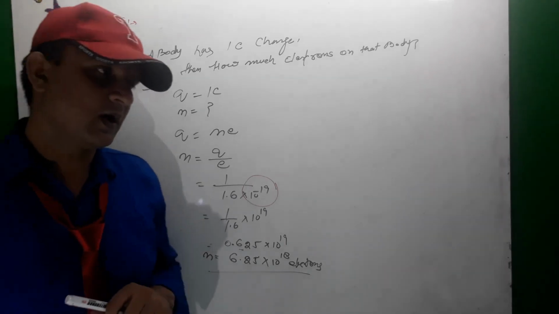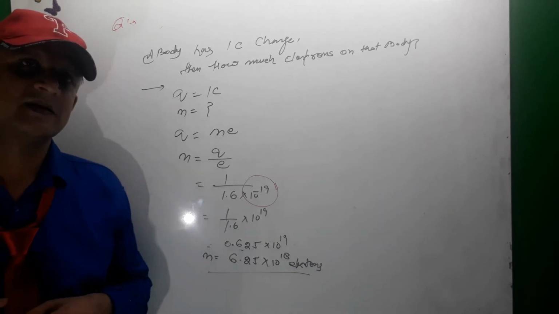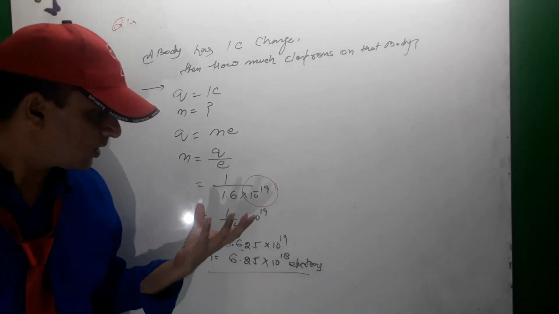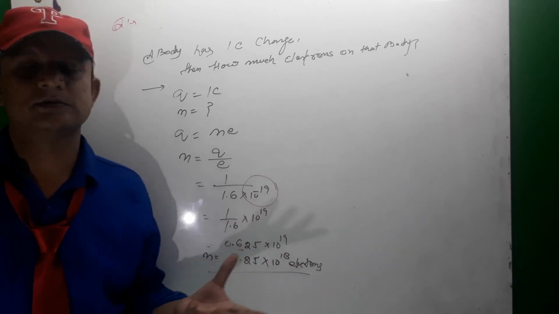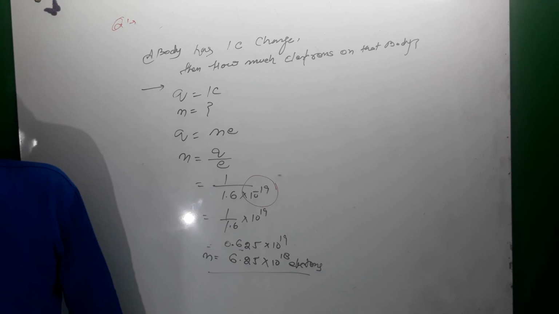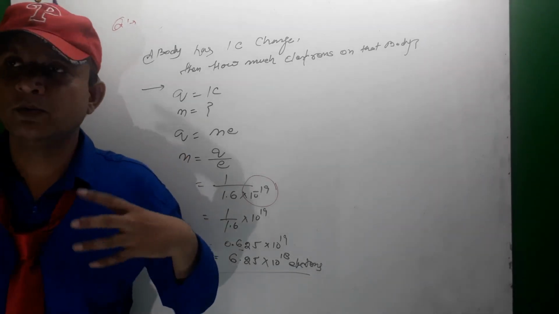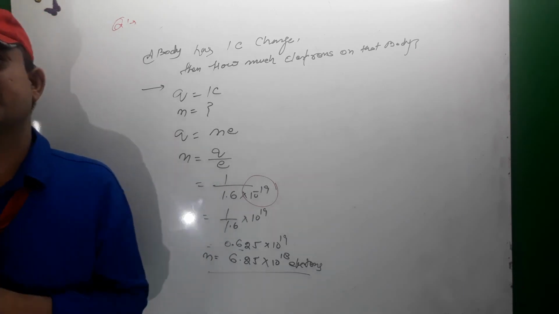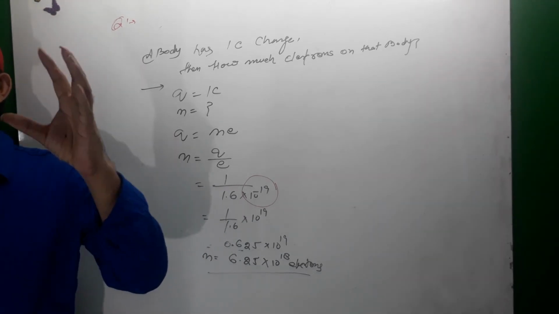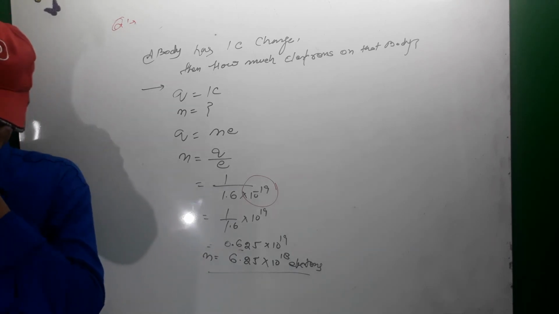Do you know how much this is? Such a high amount of electrons will give you 1 coulomb charge. So you can understand how many electrons a conductor has: billions, trillions.